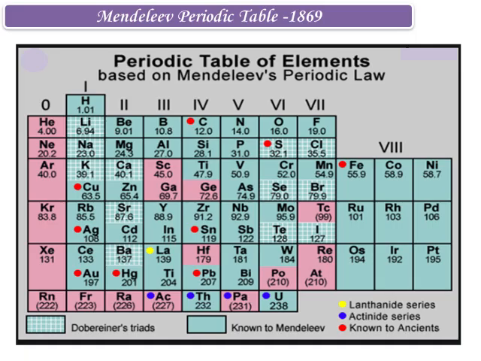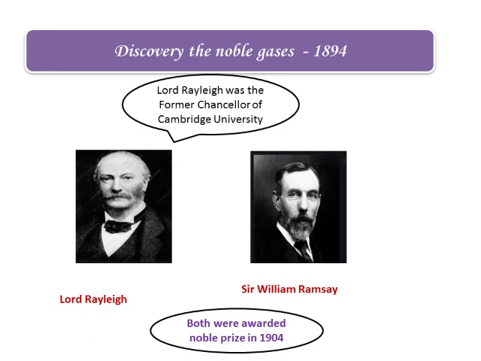The modern Mendeleev periodic table of 1869 is shown in the figure. Discovery of noble gases. In 1894, Sir William Ramsay and Lord Rayleigh discovered the noble gases and they were added to the periodic table as group 0. The first noble gas to be discovered was argon, named after the Greek word argos, meaning lazy, because it is completely unreactive.